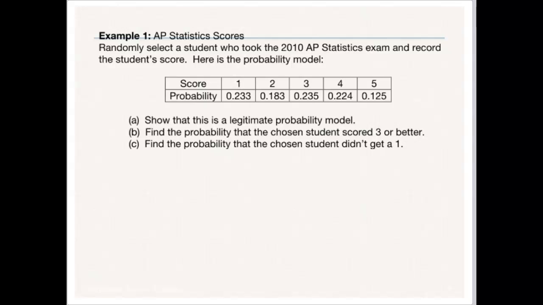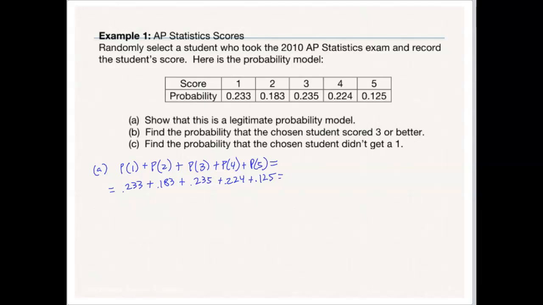All right. So for A, if we want to show that this is a legitimate probability model, basically we want to show that the probability of every outcome, which is a 1, a 2, a 3, a 4, and a 5, which is 0.233 plus 0.183 plus 0.235 plus 0.224 plus 0.125.